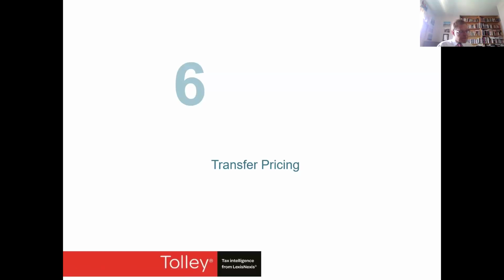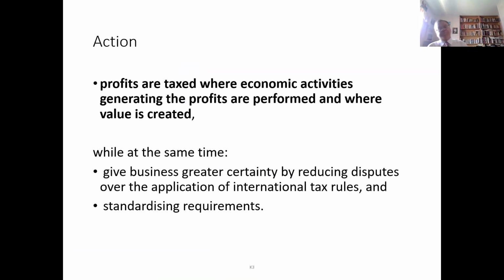So expanding overseas, if you have a number of entities within a group, then transfer pricing is going to become an issue. What are we looking at? Aligning profits with where economic activities generating the profits are performed and where value is created, while at the same time giving business greater certainty by reducing disputes over the application of international rules and standardizing requirements.